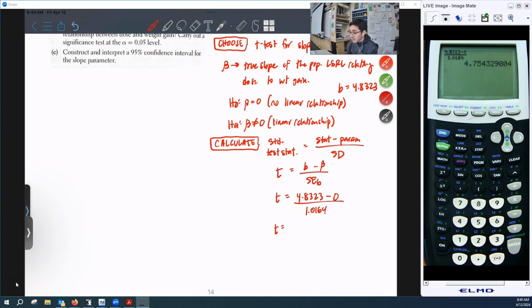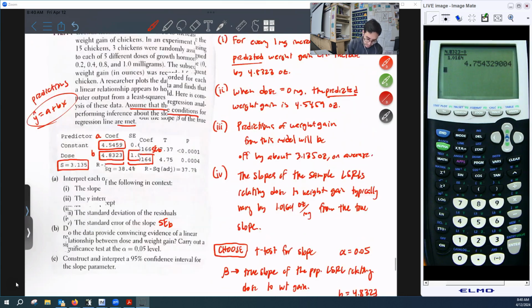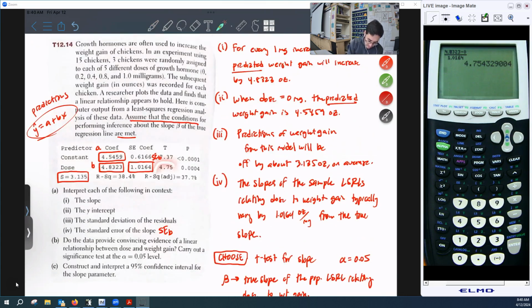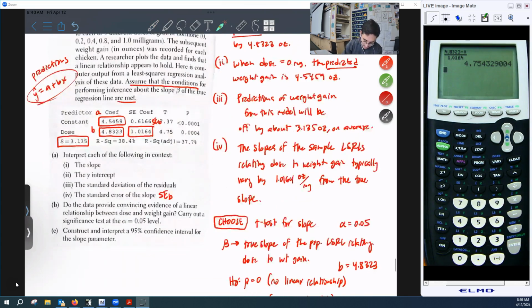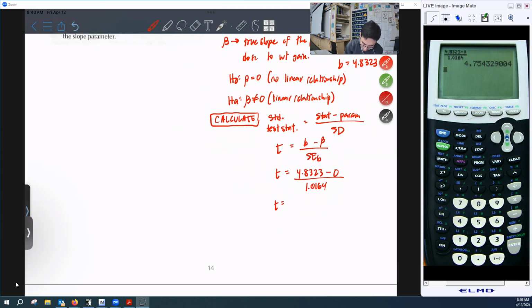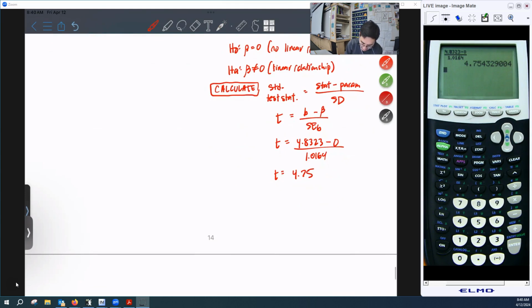All right, so that gives us a test statistic of 4.75. Just want you to realize that it's right here in the computer output. So I didn't really have to do anything on the calculator. It's already part of the output. 4.75.